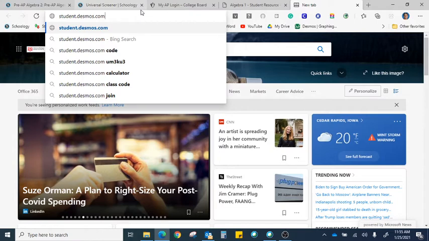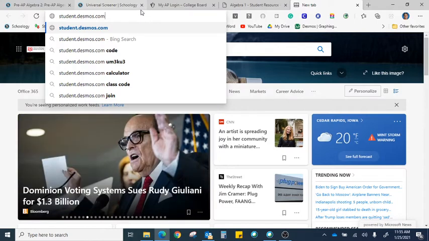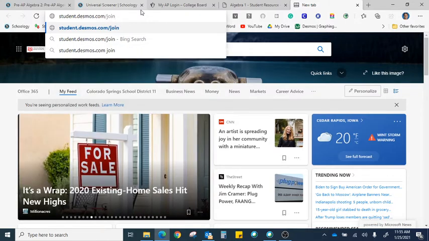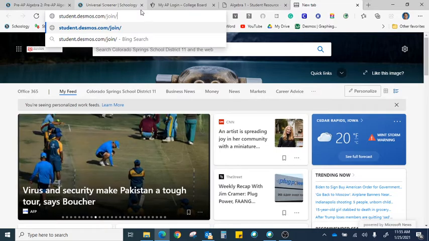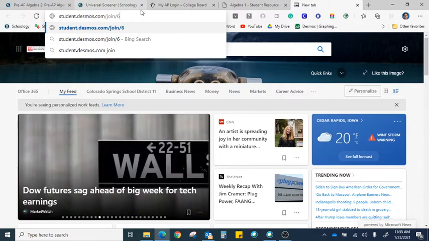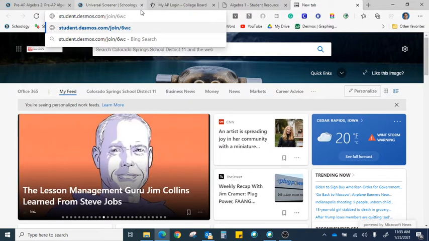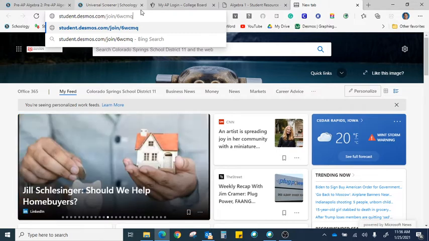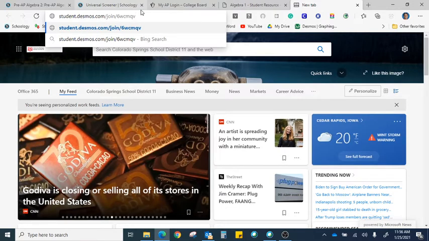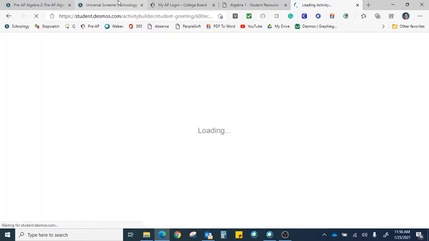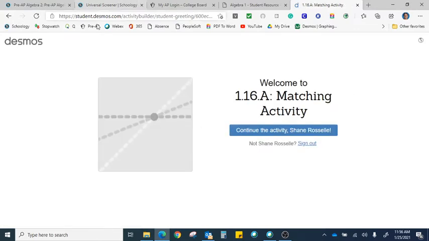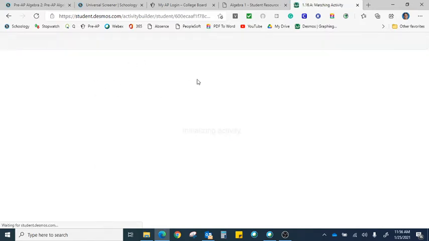Desmos, so it is student.desmos.com, and it is join/join, and the code for it is 6WCMQ. V maybe. Alright, so if we plug that in, then we can go ahead and log in with your student account.